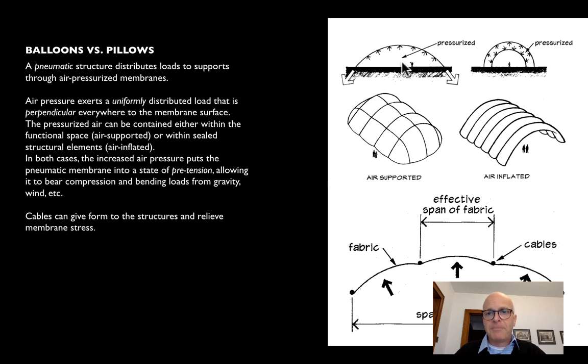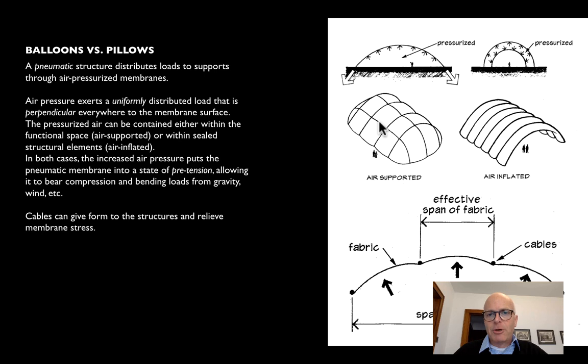In both of these cases, we'll often rely on cables, both to help hold the system down, but also to collect and absorb the stresses in the membranes. You can imagine that over a long distance, the 300 or 400 feet that some of these things get to, the stresses would build up, or they would move the membrane around in ways that would be dangerous structurally, but also maybe not so desirable functionally.